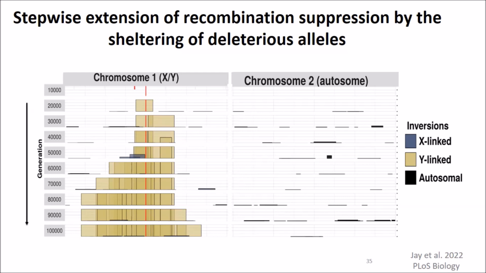This occurred repeatedly, generating evolutionary strata of differentiation. This worked in the model with the XY chromosome, but it also worked with a mating type chromosome, and actually it worked with any locus that has a permanently heterozygous allele, so either the XY chromosome, the mating type chromosome, but also supergenes like in butterflies or in ants.